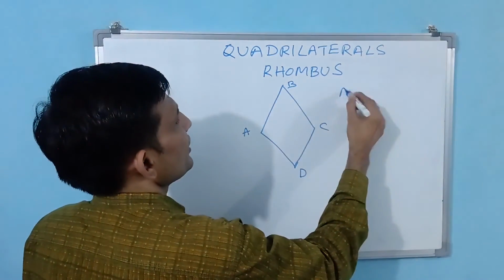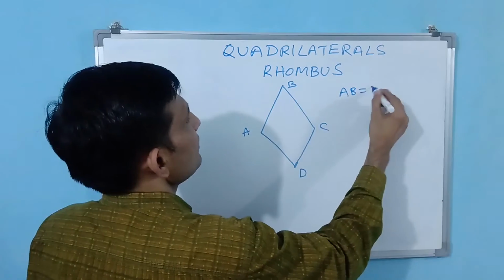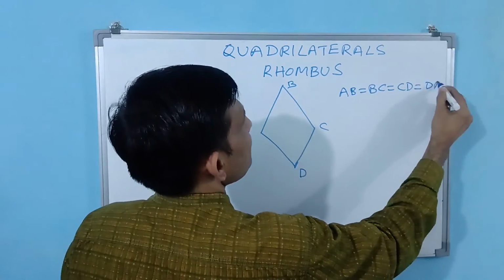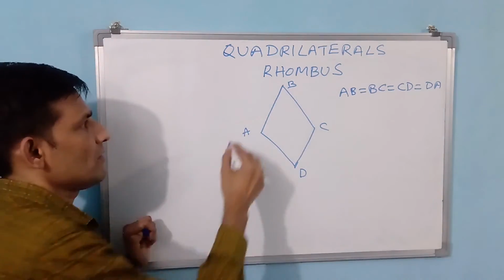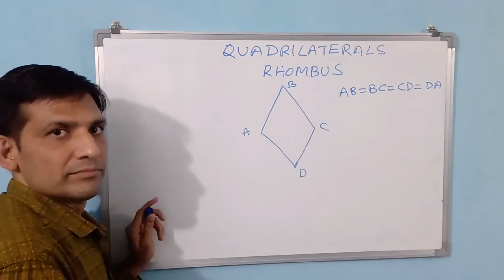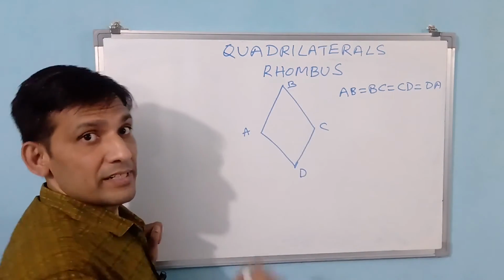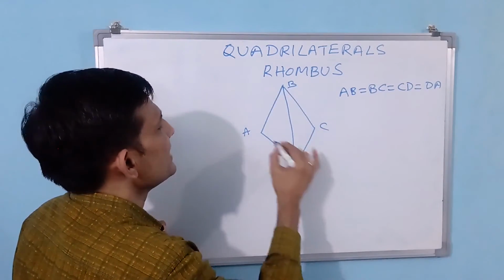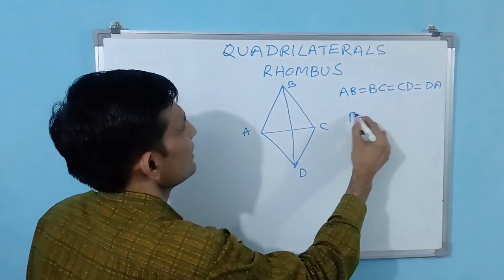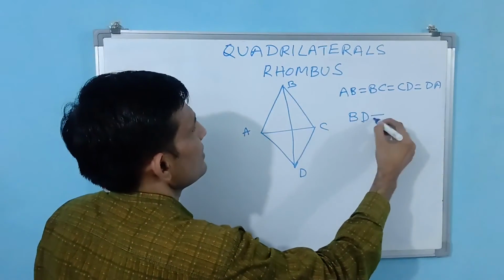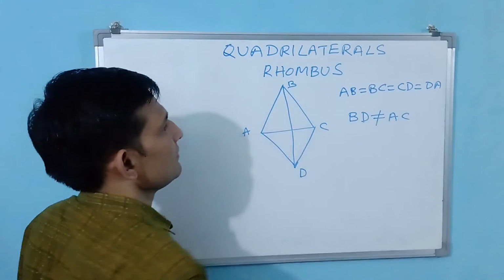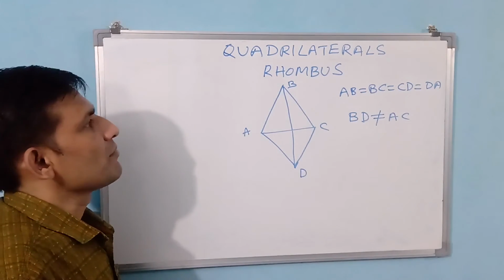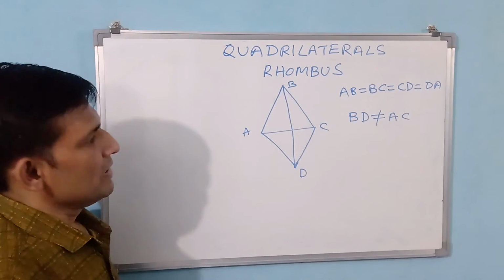That means AB is equal to BC is equal to CD is equal to DA. What is not equal? Diagonals are not equal. You see here, diagonal BD is bigger and diagonal AC is smaller. That means BD is not equal to AC. This is the property of rhombus.